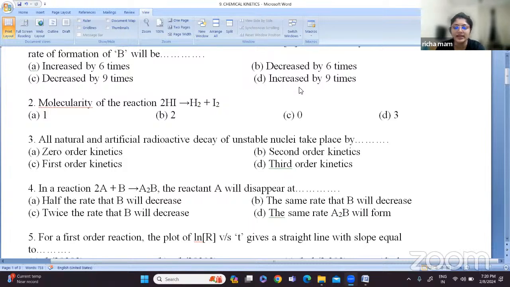Vinushri has answered it as C. AK has answered it as B.